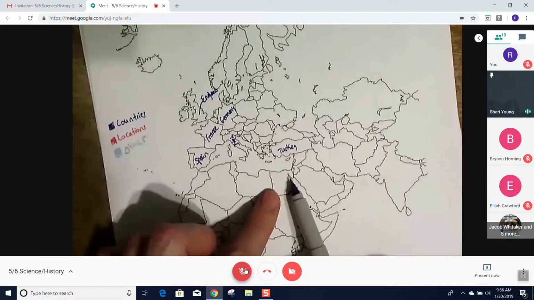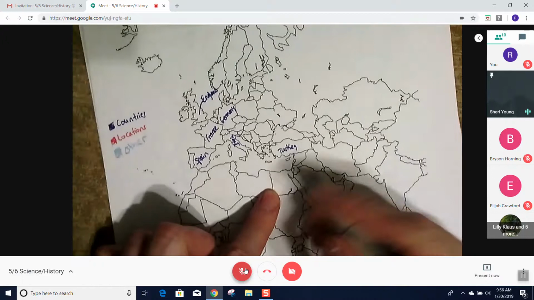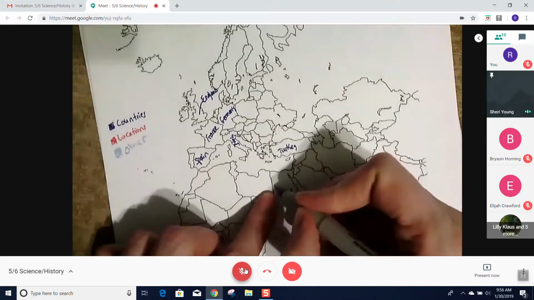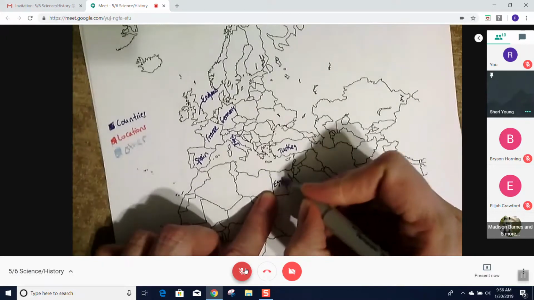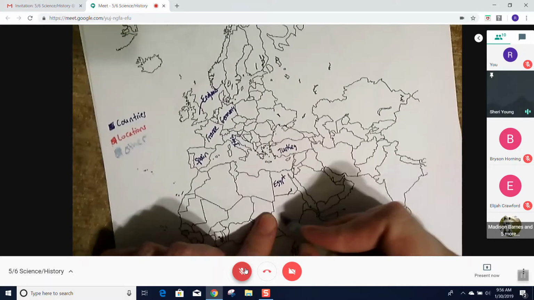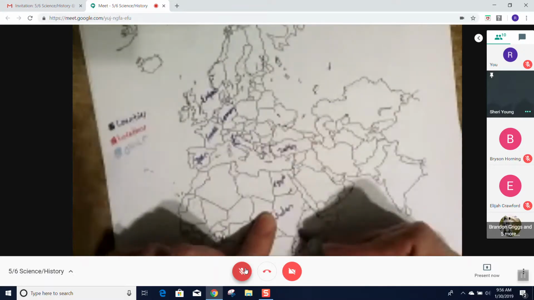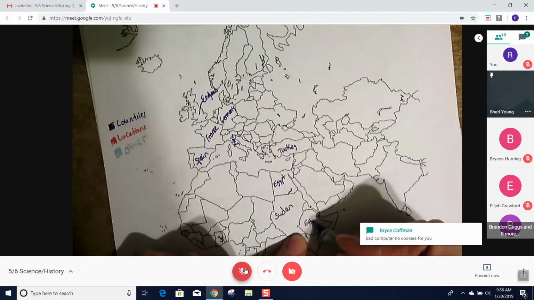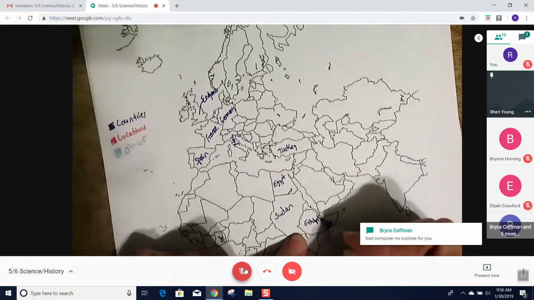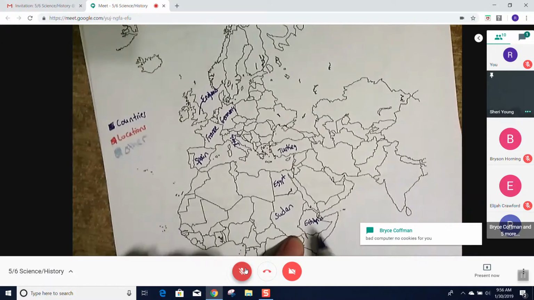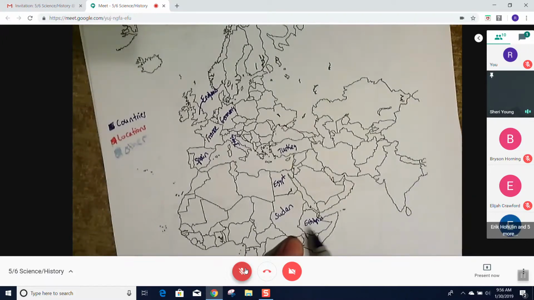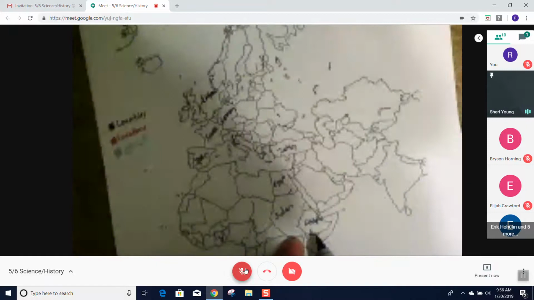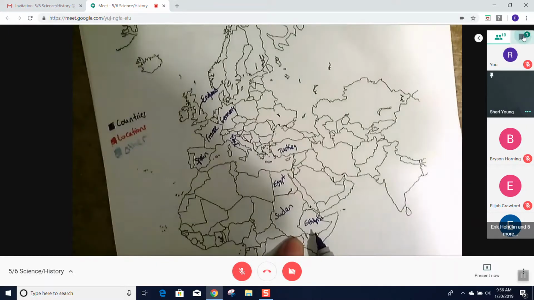Okay, and then we need to do Egypt and Sudan and Ethiopia because we're going to go in there in a little bit. So Egypt is here. Sudan is directly below that. And then Ethiopia is over here on the right. Okay, so we need to put Egypt, Sudan, and Ethiopia, because we're going to trail the Nile River at some point.